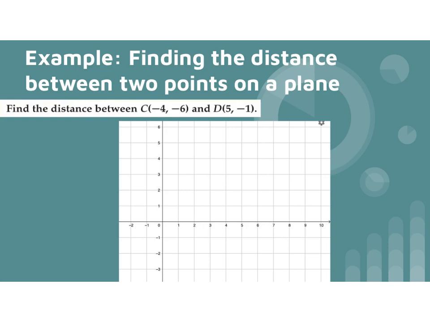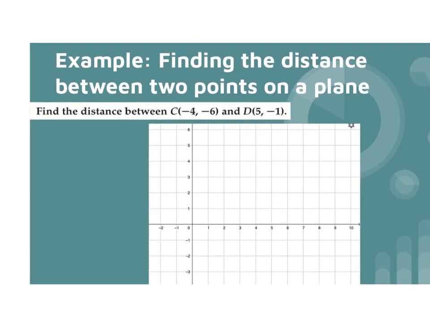So an example, finding the distance between 2 points on a plane. So we have here C, which is -4, -6. Since I don't have this on my graph, I'm going to make this positive.